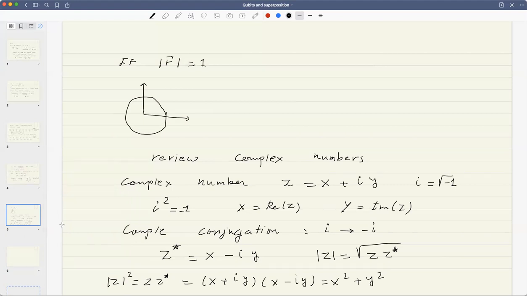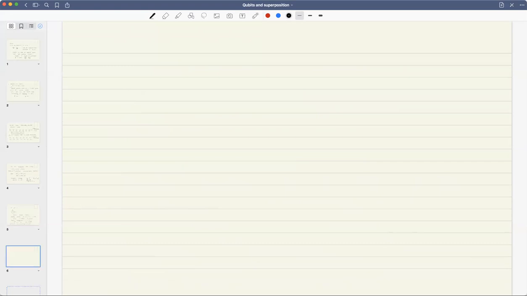So what we're saying is that there is this interpretation in terms of probabilities of finding 0 and 1 if you have a particular state. So let's go back and also just get a better sense of what that means.